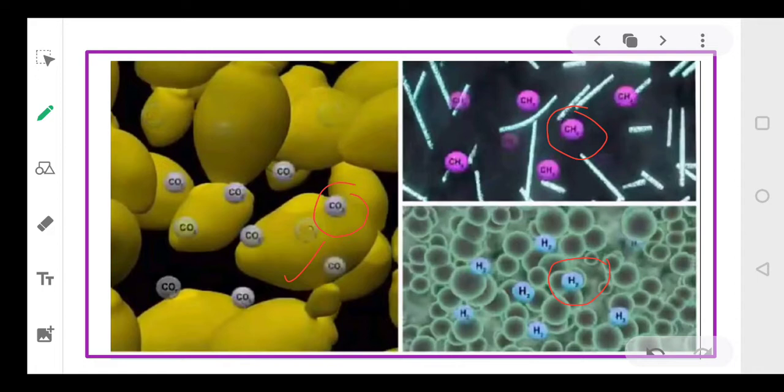As I told you, in fermentation of dough there is carbon dioxide gas. In cheese making also there is carbon dioxide gas. In preparation of beverages, we also have carbon dioxide gas. Is it clear, everyone? Okay.